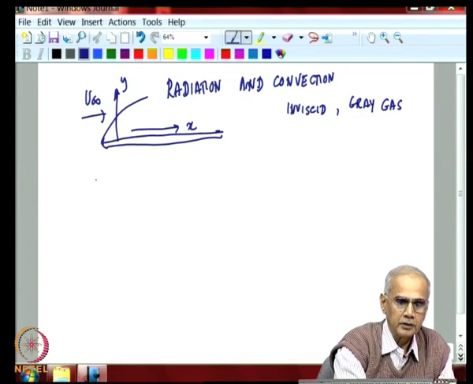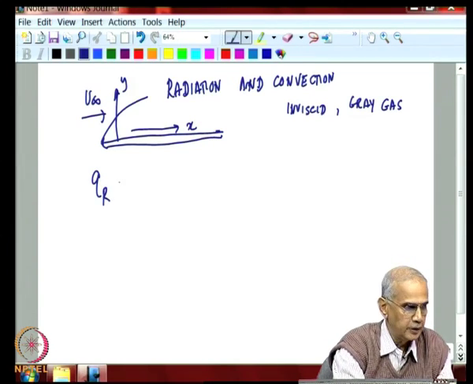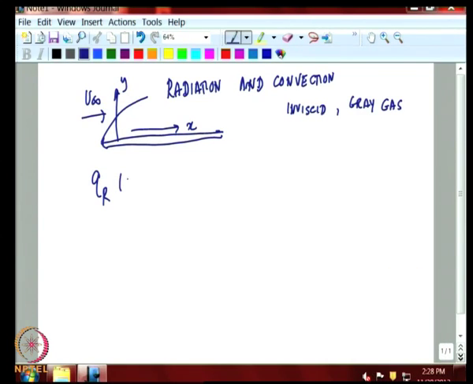The radiative flux variation in the y direction was written in terms of tau, the optical thickness, which is nothing but A into y, where A is the absorption coefficient.